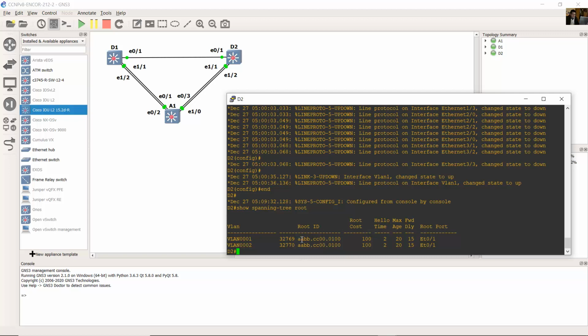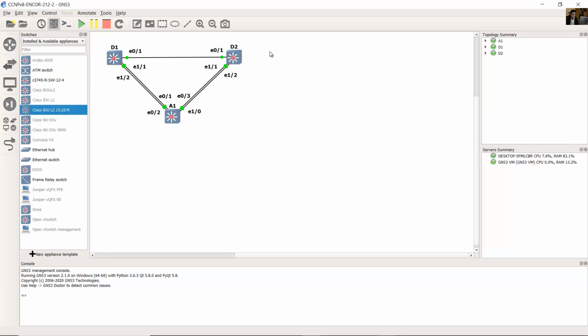Okay, the root ID, root cost 100 with root port Ethernet 01 for VLAN 1 and VLAN 2. Okay, D2. This is Ethernet 01, so D1 is the root bridge.